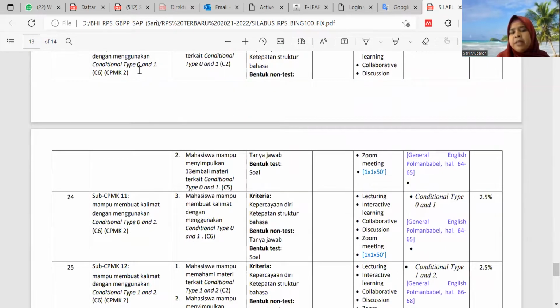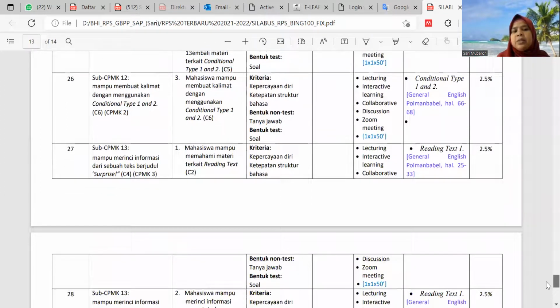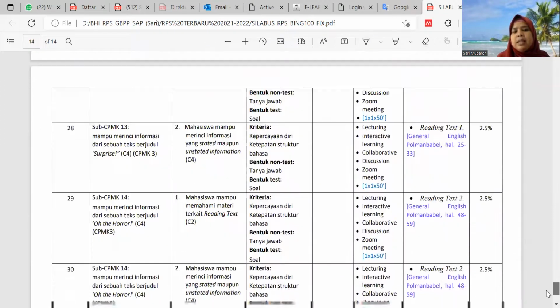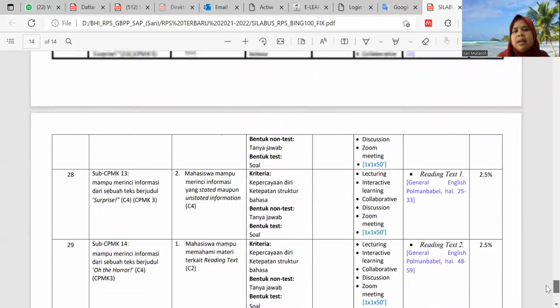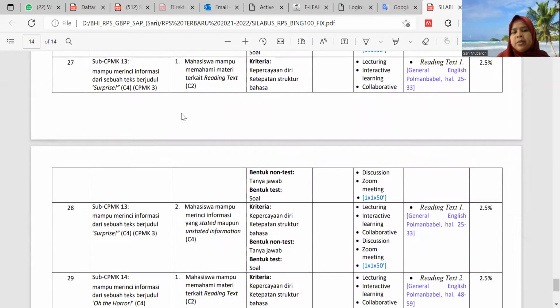Conditional type 0 and 1, and then conditional type 1 and 2, and the last one is about reading text. There are some reading texts we are going to discuss here.